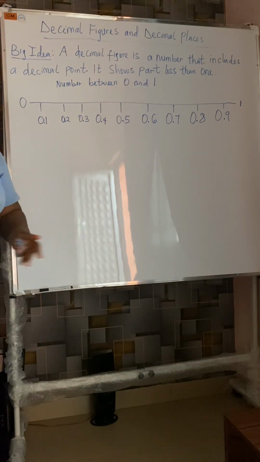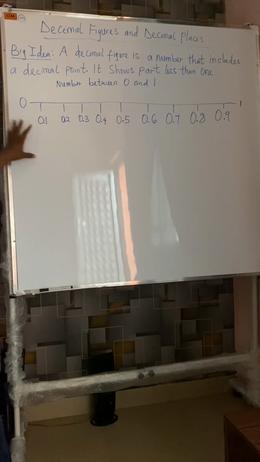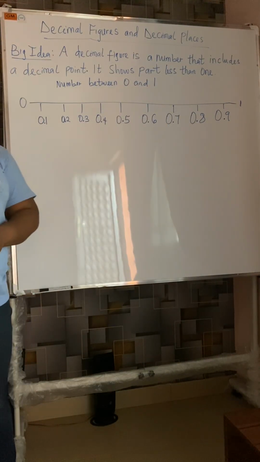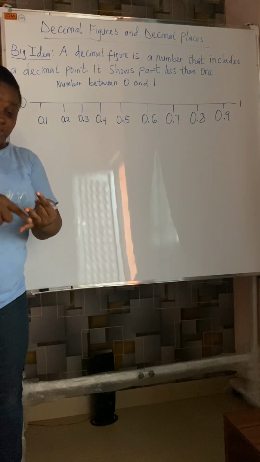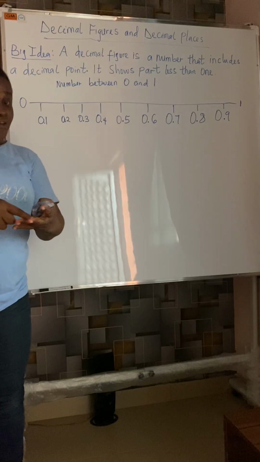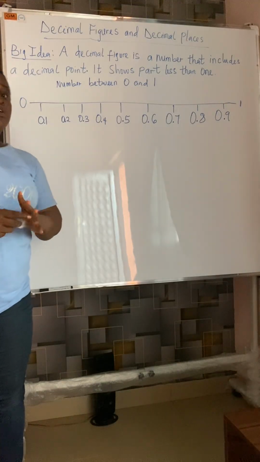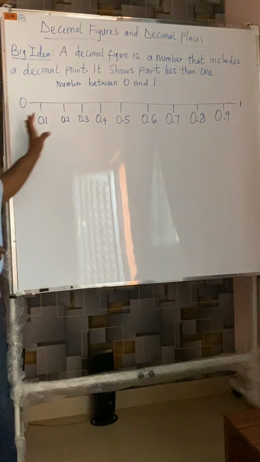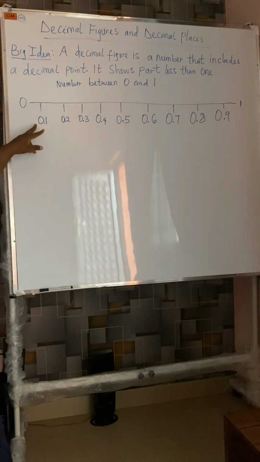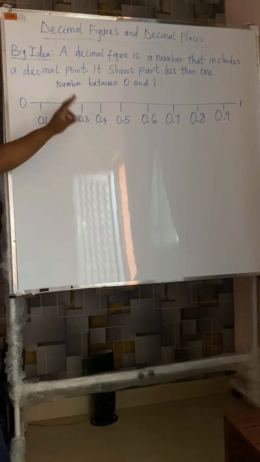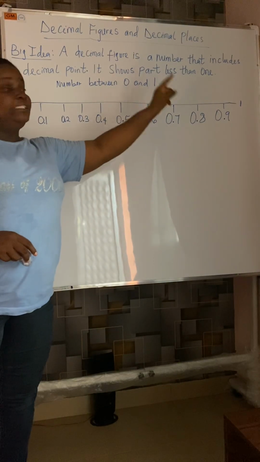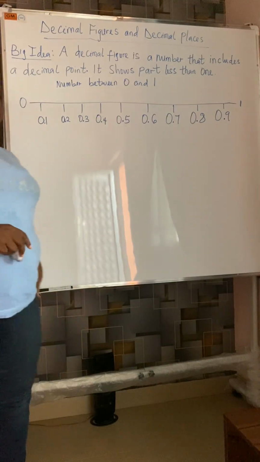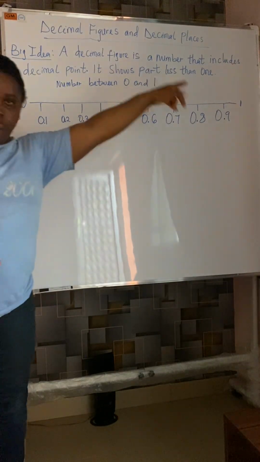But before we do anything, I want to show us all the numbers between 0 and 1, so that when we say 0, 1, 2, 3, 4, 5, between 1 and 2, there are so many numbers between 0 and 1. There are lots of numbers, all smaller than 1. And what are the numbers between 0 and 1? 0.1, 0.2, 0.3, 0.4, 0.5, 0.6, 0.7, 0.8, and 0.9. And after 0.9, we have one whole.